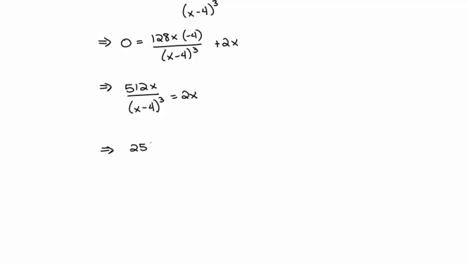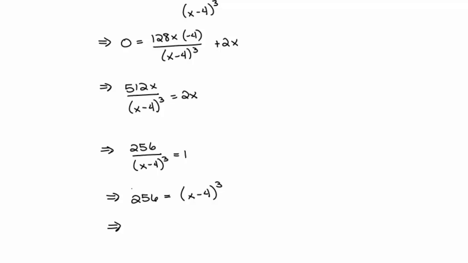So you get 256 over the quantity x minus 4 cubed is equal to 1. Normally it would be somewhat dangerous to divide by the variable x, but because I know it's non-zero, I can do that. And then finally multiply both sides by x minus 4 cubed. So you have 256 is equal to the quantity x minus 4 cubed. And then you take the cube root of both sides.